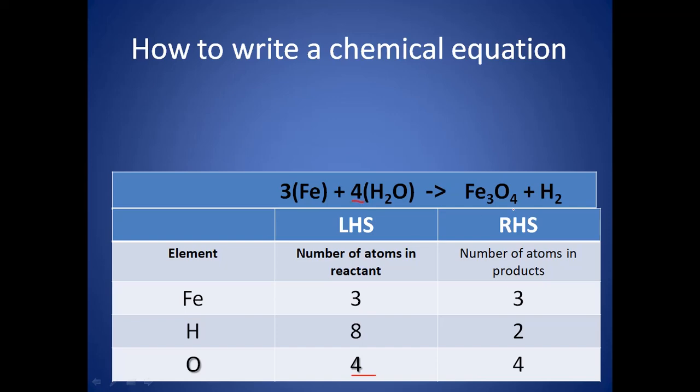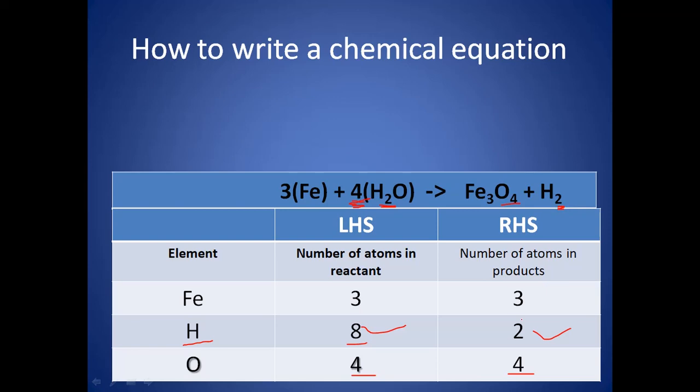So this oxygen is okay, there are 4. But if you see the hydrogen case, hydrogen has become 8 because this 4 is multiplied with this 2. So this becomes 8 and this side remains 2 because there is no multiplying factor over here.